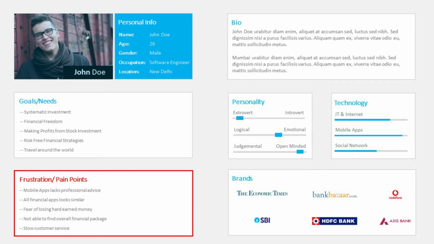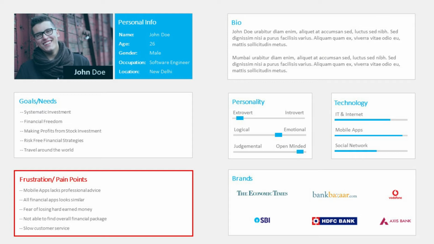So just imagine that the user research methods that you have conducted earlier were based on the creation of a mobile app, like a financial app or stock investment app. I am creating the persona for one of the users who represents those targeted users.